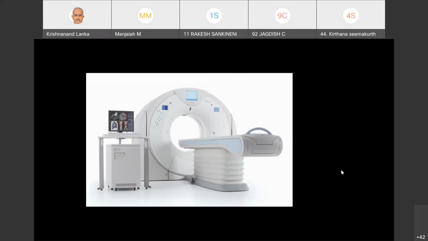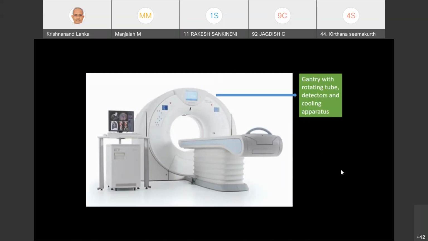So this is how a CT scan will look, and most of you are familiar with that. Here you have a gantry with a rotating tube and detectors and cooling apparatus, because it generates a lot of heat. Ultimately they are using X-rays, so naturally they generate a lot of heat.